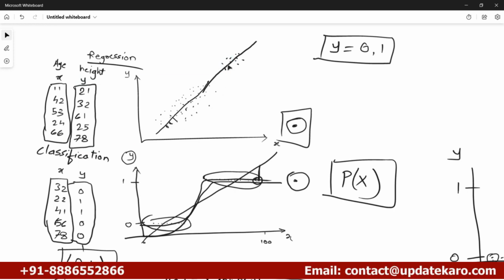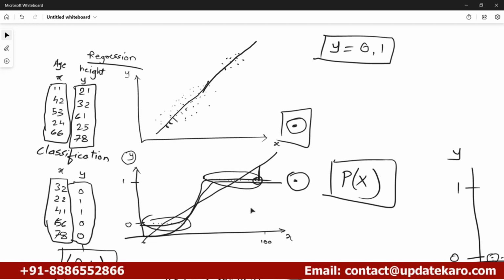And if your target data is labels or class data, which means only two values, three values, or four values are there, that data is nothing but label data. That's why you will have to use the classification algorithms.